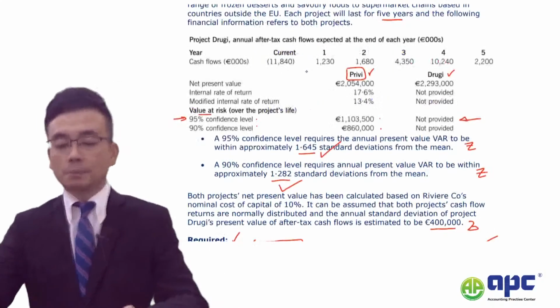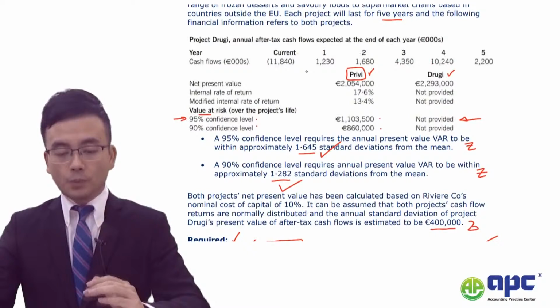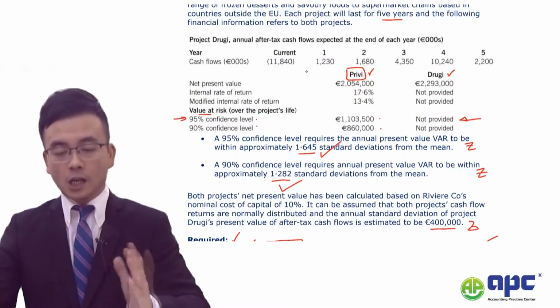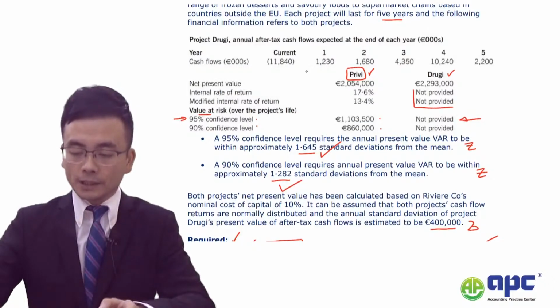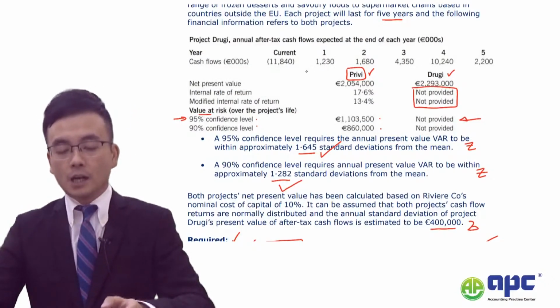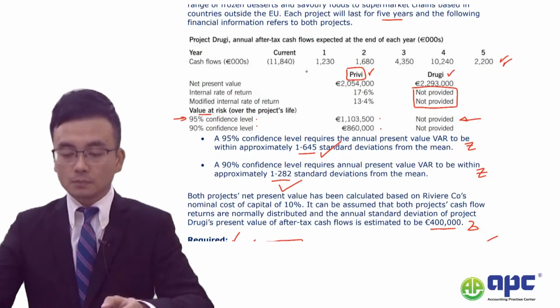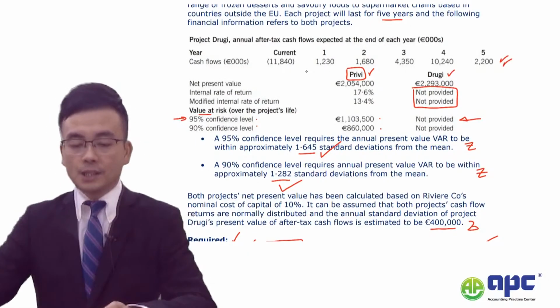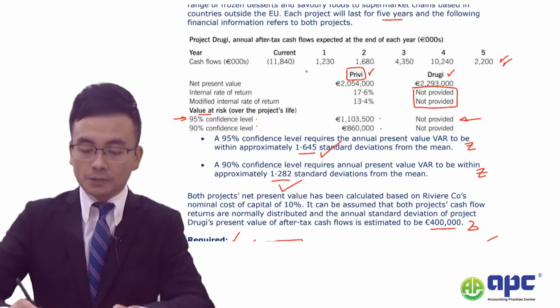This could be supported by other measures. Although we are not given the IRR and MIRR, we can calculate them, can't we? For the IRR and MIRR, we simply consider the cash flows, but we're also told about the cost of capital.